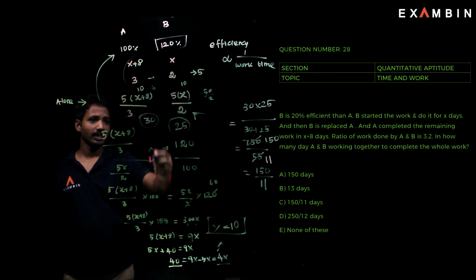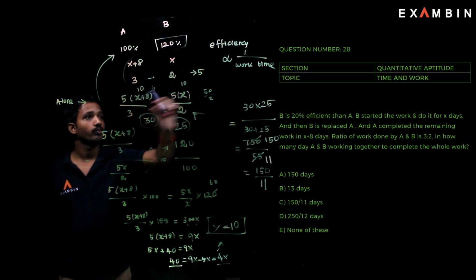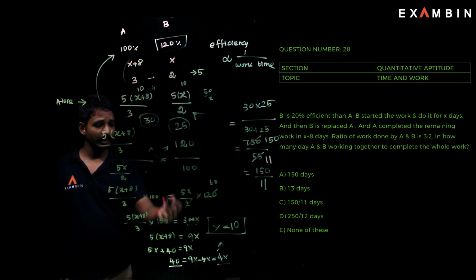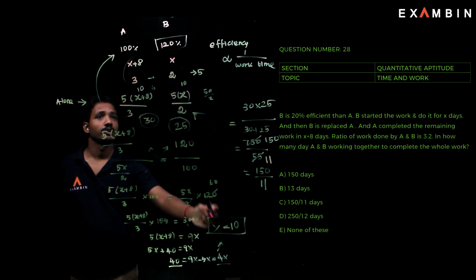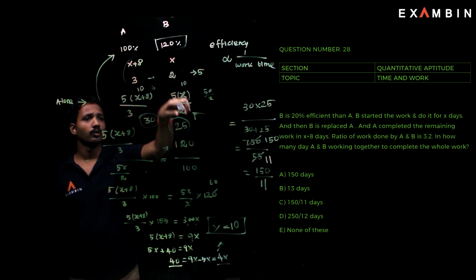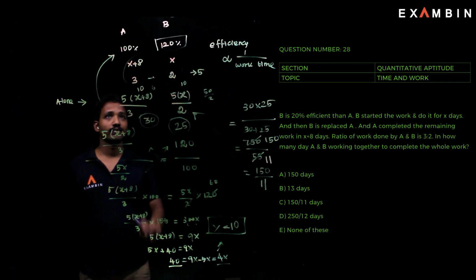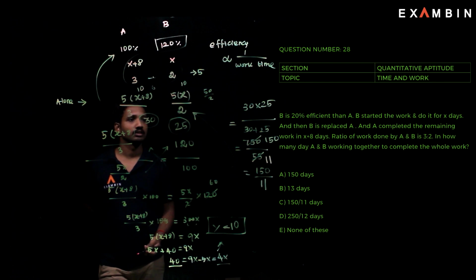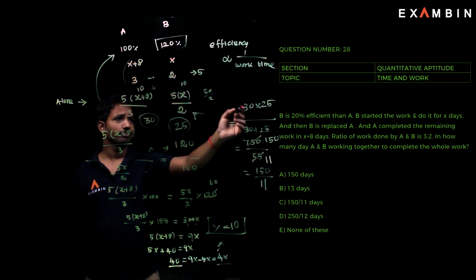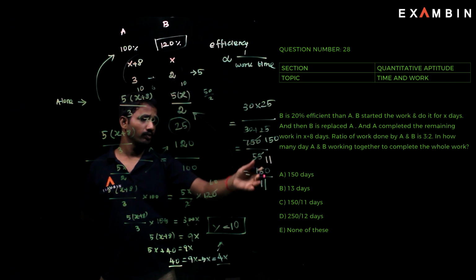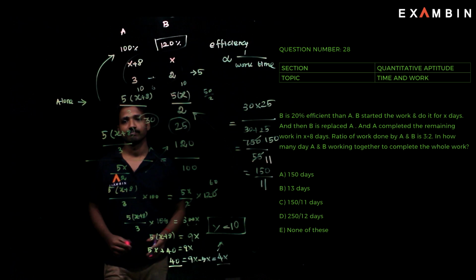Then by solving this equation using the fact that efficiency is inversely proportional to working time, we get x equal to 10. By applying this x value in the A alone and B alone values, we get 30 and 25. If A and B work together, we calculate using A into B divided by A plus B, so the value will be 150 by 11. 150 by 11 is the right answer, C.